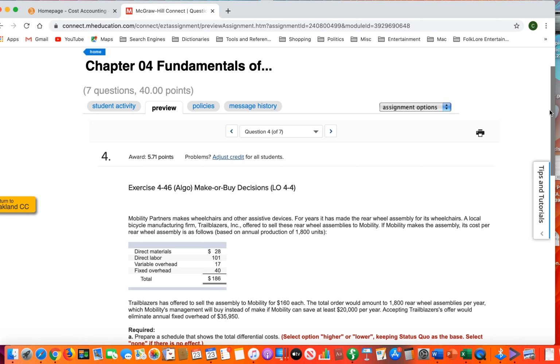The variable cost they would save is 28, well, let's say minus 4, 146 times 1800. Now, they would in fact save 300,000.